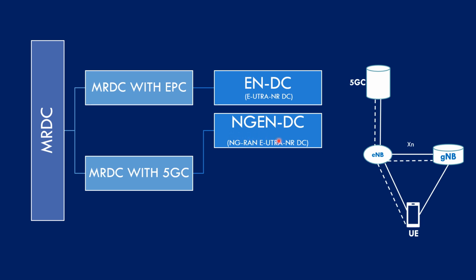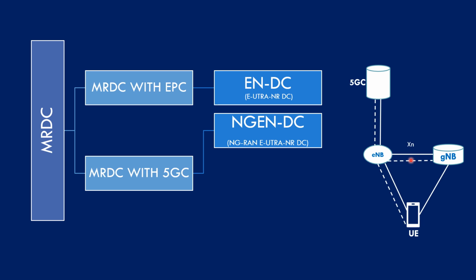NGENDC. So coming back, in which a UE is connected to one NG E node B, which acts as master node. Master node is NG E node B, and one G node B, which acts as secondary node. The NG E node B is connected to the 5G core, and the G node B is connected to the NG E node B via the Xn interface.